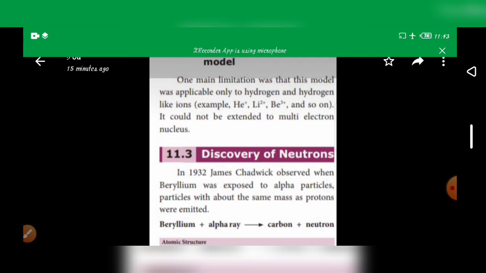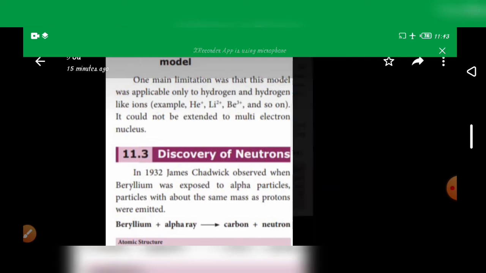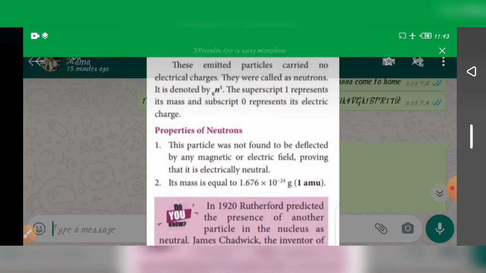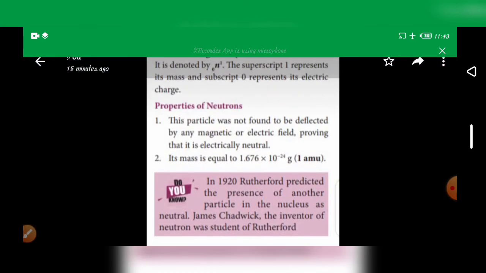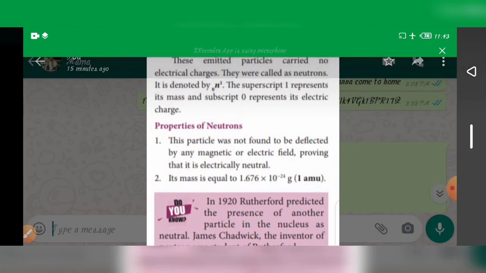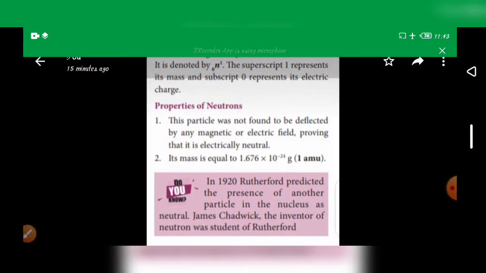The same way, beryllium is bombarded with alpha particles. Carbon plus neutron were emitted, thus the neutrons are present. These emitted particles carried no electrical charge. They were called neutrons.